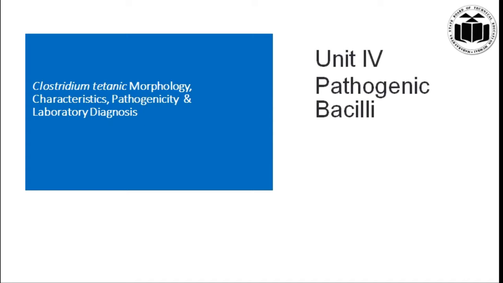The gram positive bacteria today we are dealing with is Clostridium tetani, which is a bacteria that shows rod shape and is gram positive in nature. This bacteria is most commonly found in the soil and rusted iron particles.